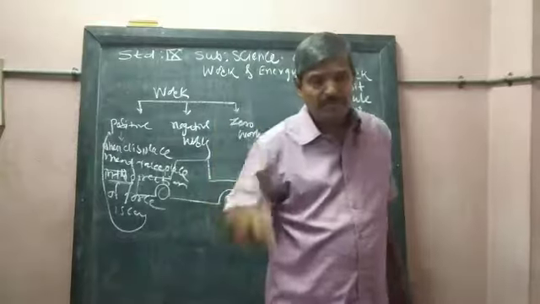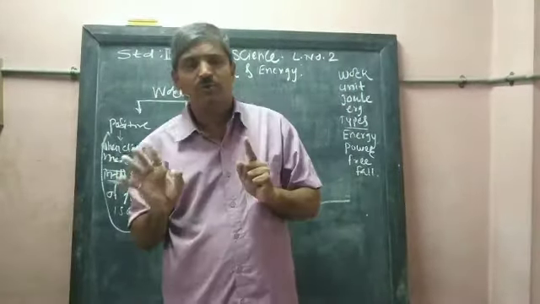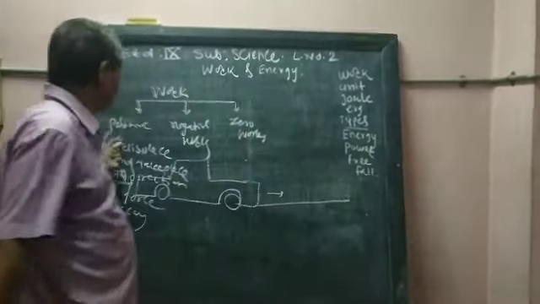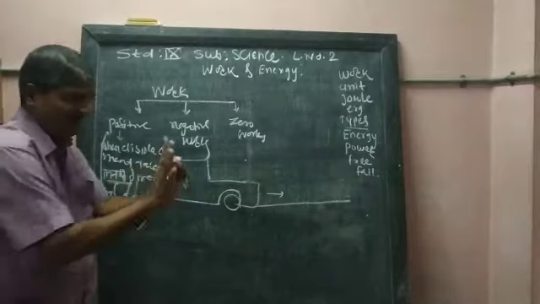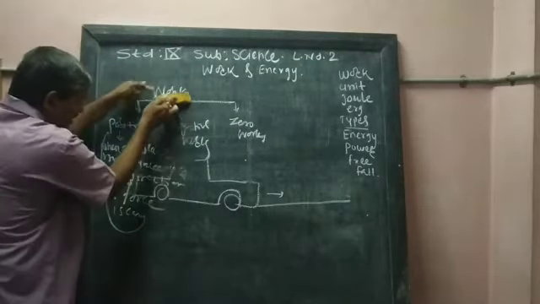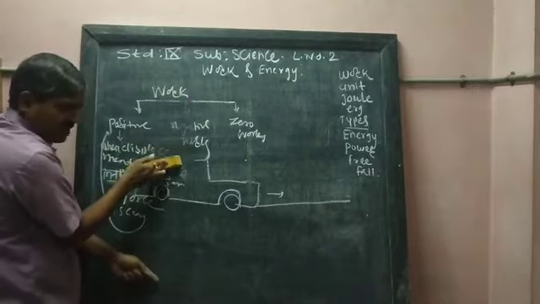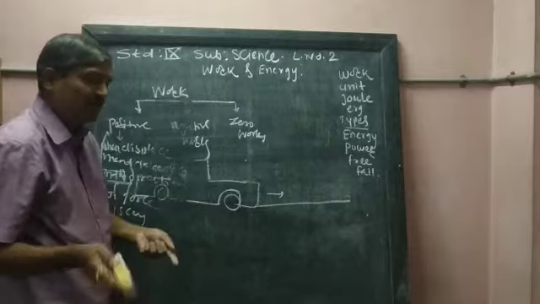Whenever displacement of the object takes place in the direction of the applied force, that is called positive work done. Now negative work. Suppose I am going to push the duster ahead, but the duster is coming in the downward direction. I am using force, but the duster is coming in the downward direction. That is called negative work.